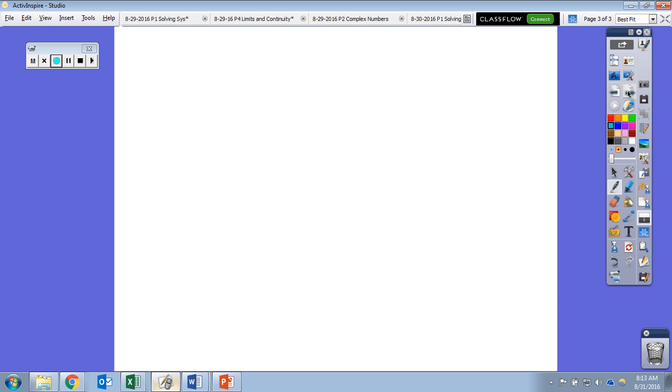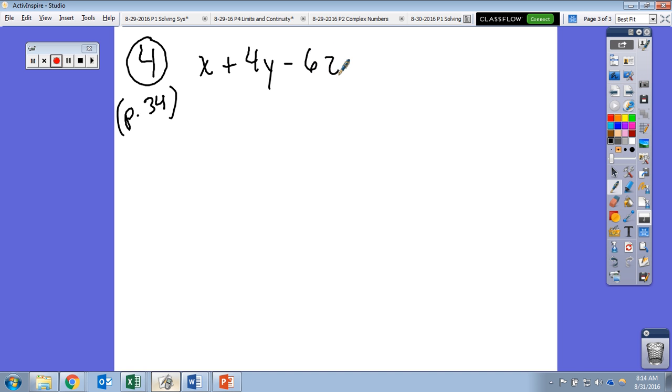Number 4. Still page 34. Number 4 reads x plus 4y minus 6z is equal to negative 1.